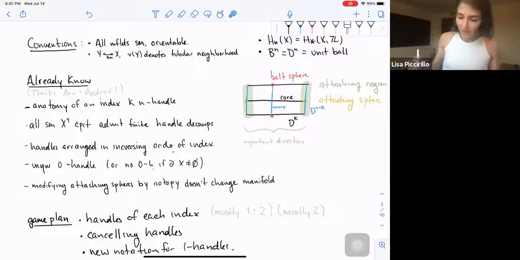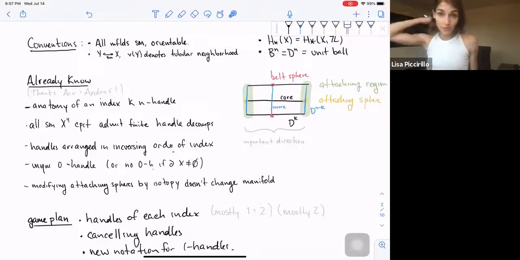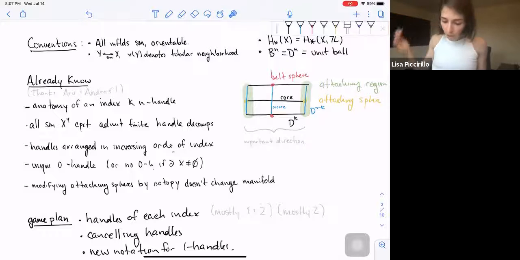Okay, so you already know that, and Aru also told you that all smooth compact four-manifolds admit a handle decomposition. Great, so this is a sensible way of studying smooth manifolds. She also told you that you can arrange that your handles come in increasing order of index, and that you can take your zero handle to be unique, which is convenient.